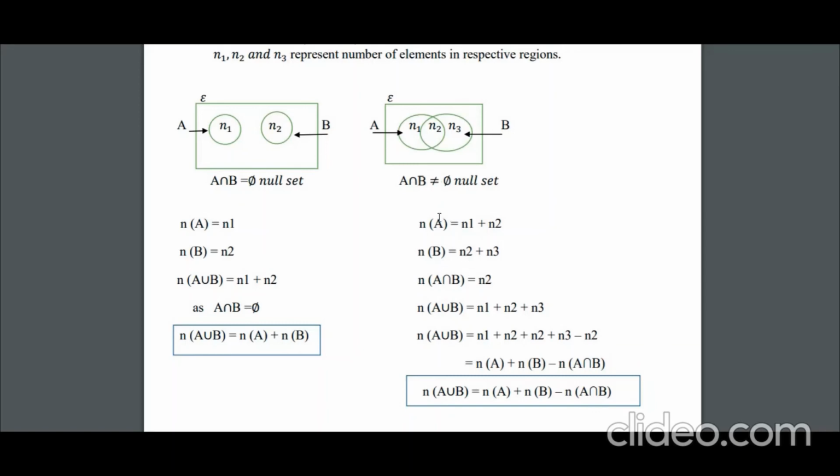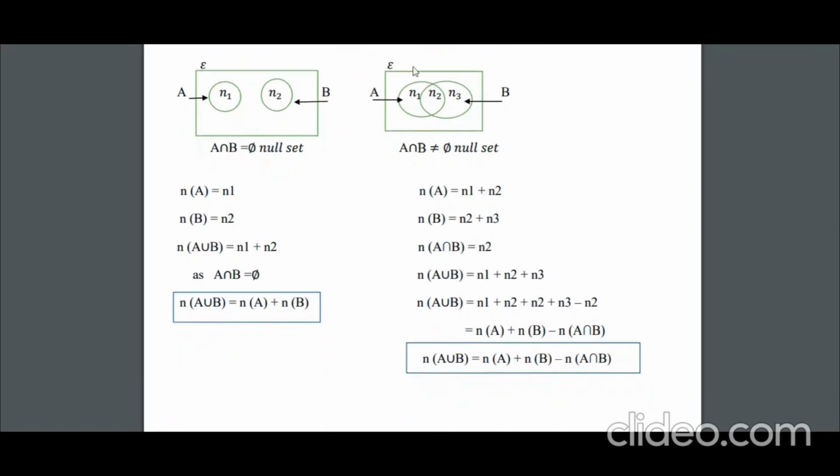If we added the number of elements in A and the number of elements in B, we will get n1 plus n2 plus n2 plus n3. But what we need is A union B. So what is A union B? A union B is n1 plus n2 plus n3.